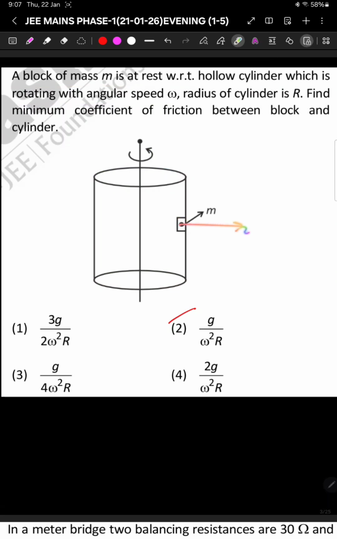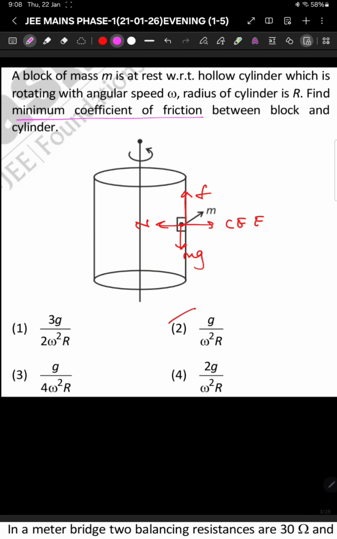As the cylinder rotates, the block in it will experience a centrifugal force, and it is balanced by the normal reaction. The weight of the body always acts downwards. Without slipping, friction is acting here. Find the minimum coefficient of friction between the block and the cylinder, he was asking.